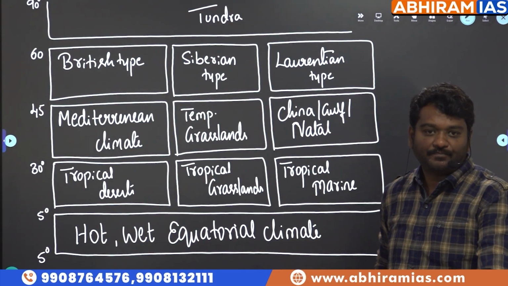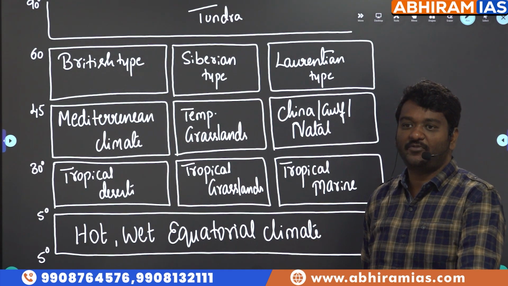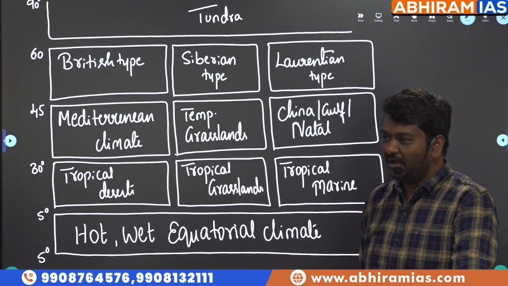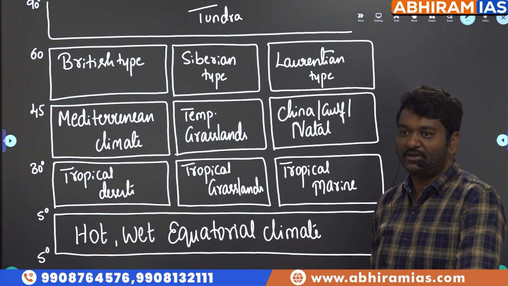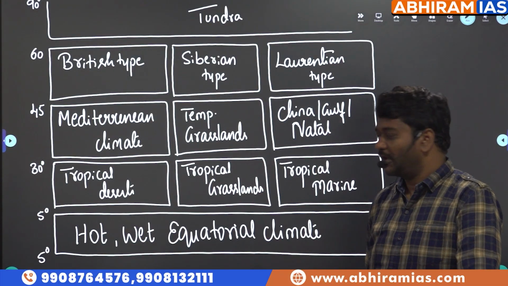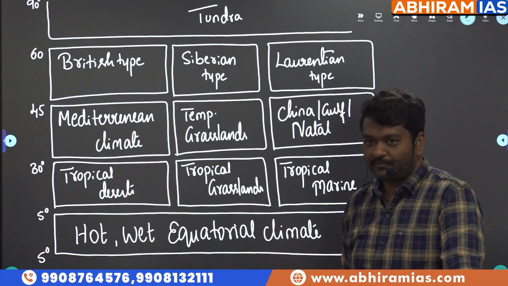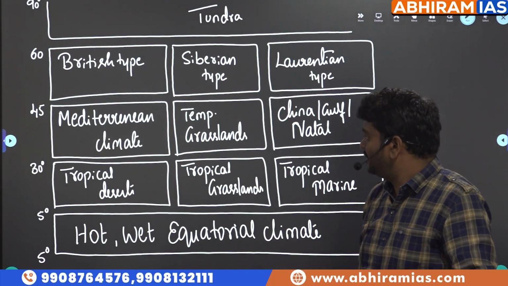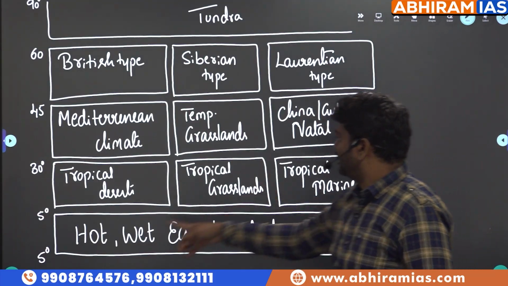How do questions come? They will give you characteristics and you have to tell which type of climate it is. So those characteristics become important. One characteristic will be about temperature. Now please see here. This is all coastal areas.